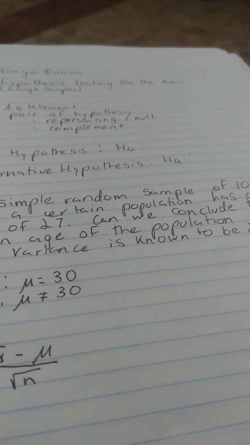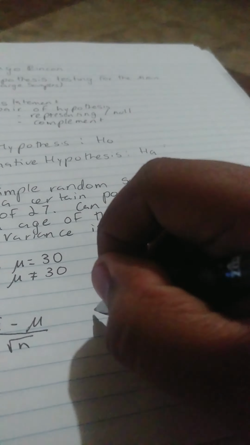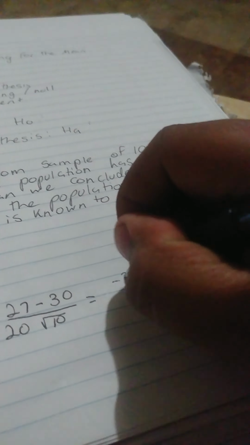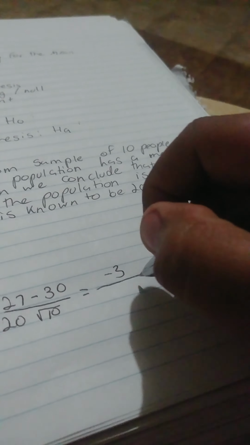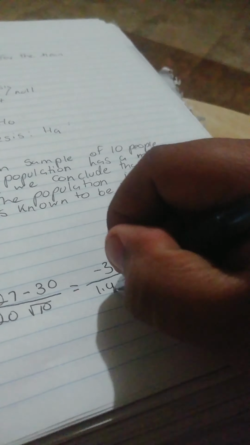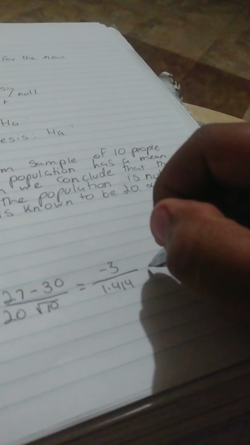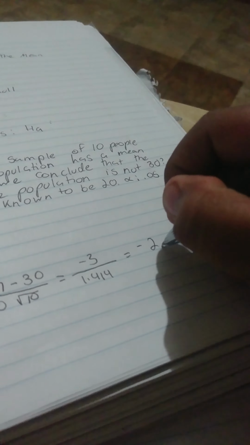Now our x bar is 27, minus 30, divided by 20 to the square root of 10, which is equal to -3 over 1.141, which is equal to -2.12.